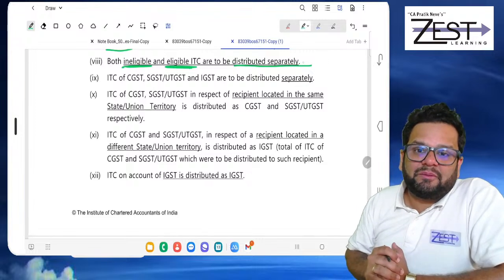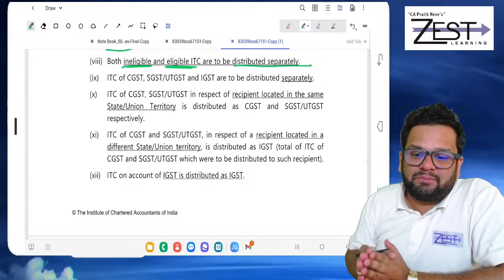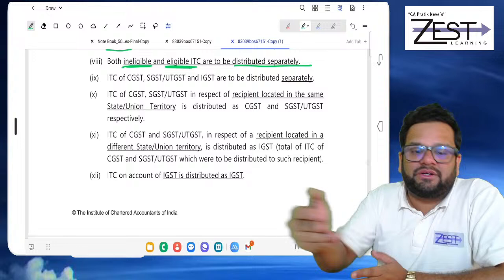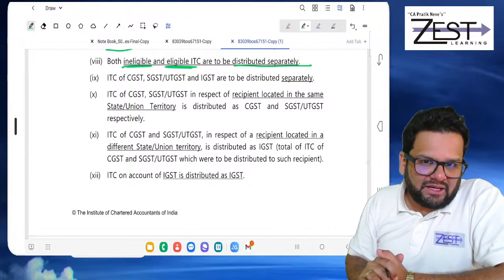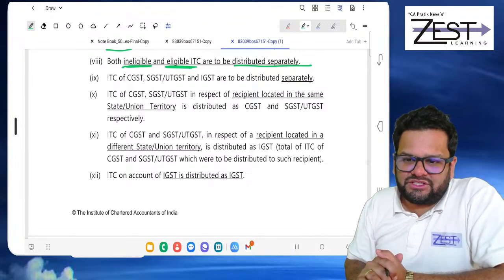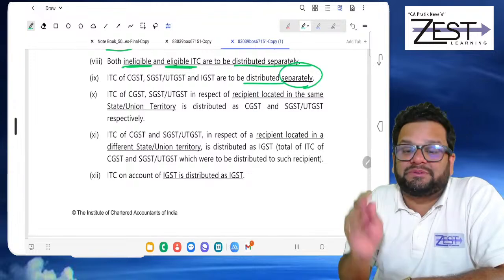Do you remember our yesterday's example? Ineligible ITC, or you can say blocked credits of 17.5, we have also distributed as ineligible ITC. ITC of CGST, SGST, UTGST and IGST are to be distributed separately.